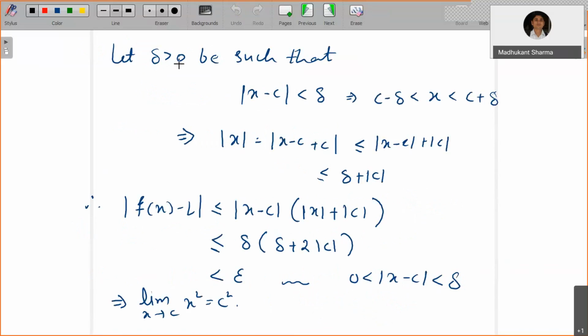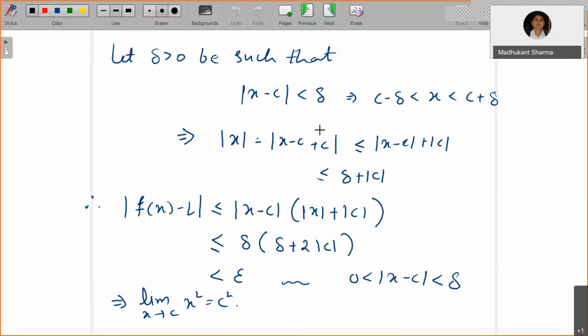So let delta greater than 0 be such that mod x minus c is less than delta. This implies c minus delta less than x less than c plus delta. Now mod x is equal to mod of x minus c plus c, where you add and subtract c. Then use the triangle inequality. Since mod x minus c is less than delta, this is less than or equal to delta plus mod c.